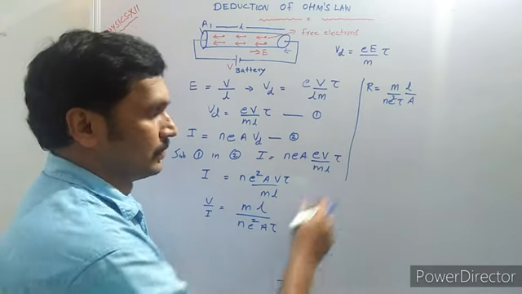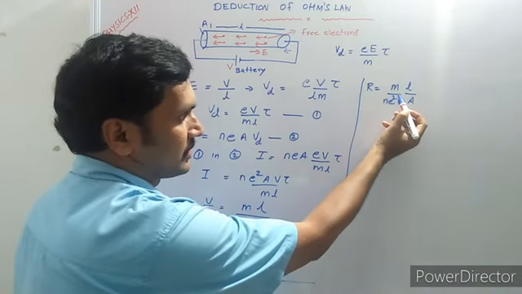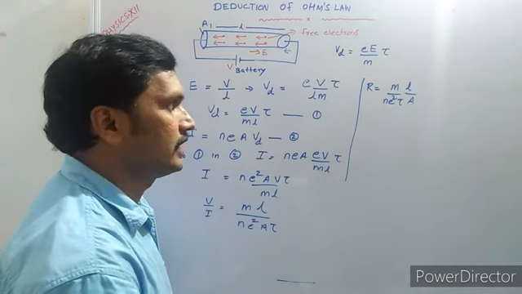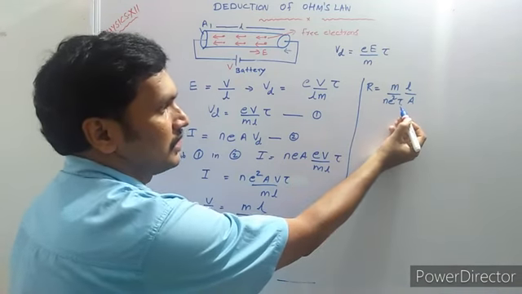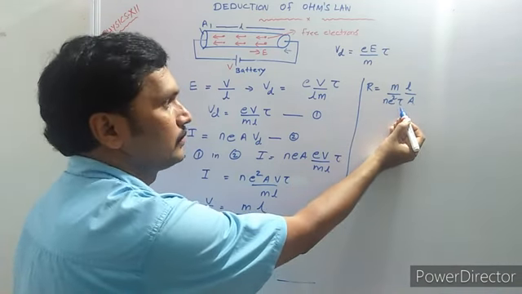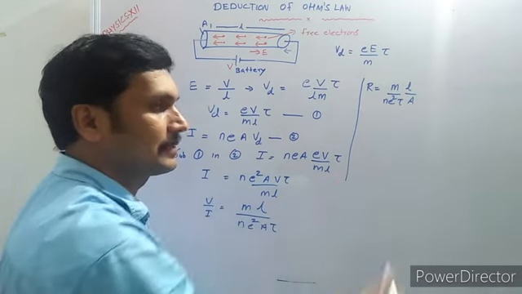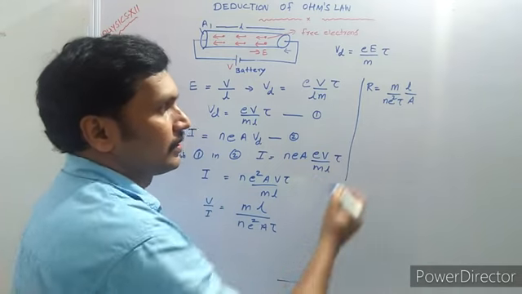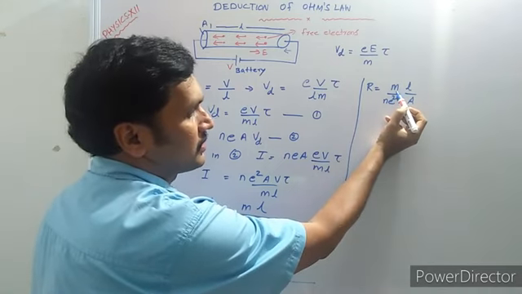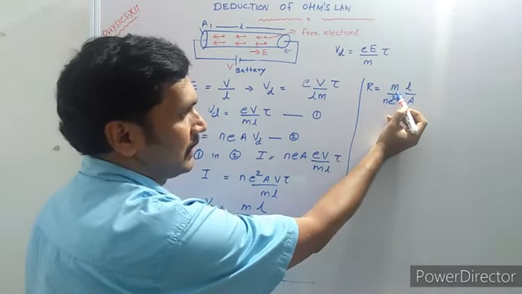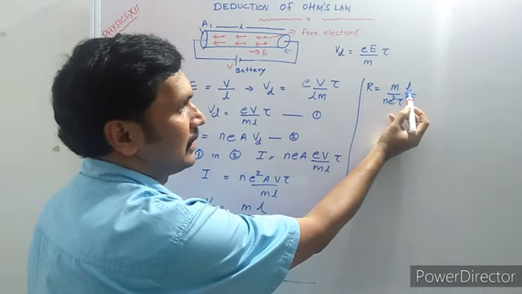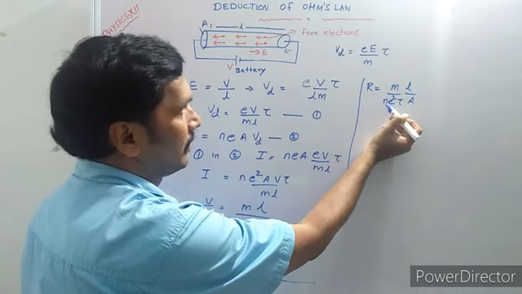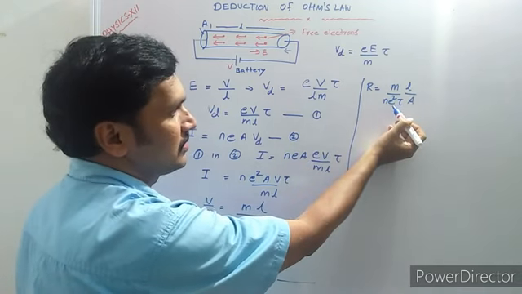If the temperature and all other physical factors remain unchanged, there is no change in the relaxation time. It will be a constant because relaxation time depends on the temperature. And all other factors on the right side are constant. m, the mass of electron, is a constant. L, the length of the conductor, is a constant. The number density of electrons is a constant.